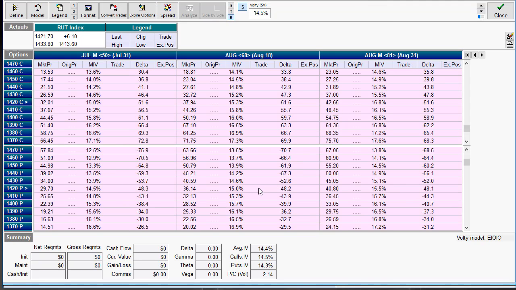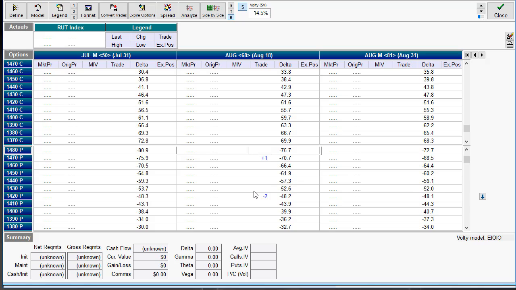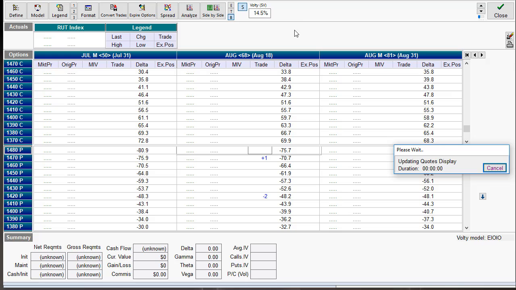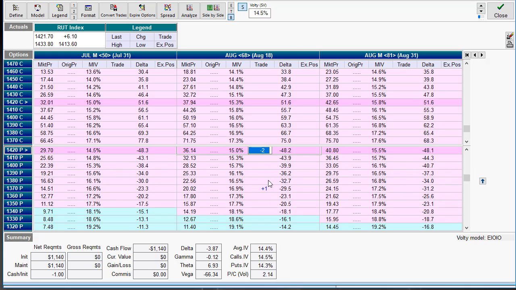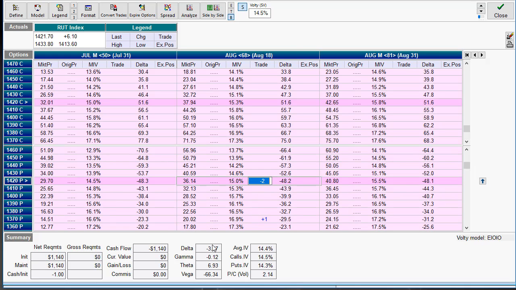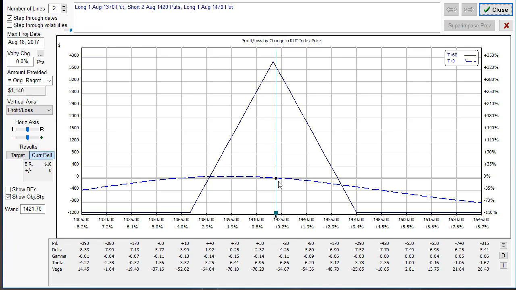There we go. So if I'm going to come right at the money and say I'm going to sell 2, and I'm going to go 5 here, I'm going to go 5 here. 50 points, 50-point wing width. All right, that balanced butterfly approach is always going to be delta negative, right?